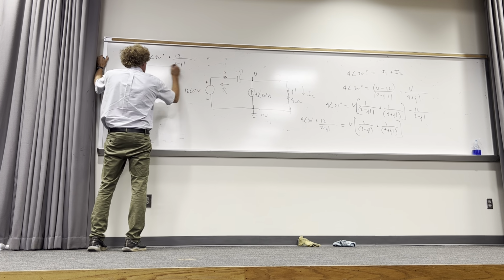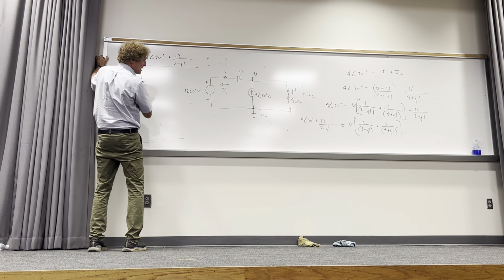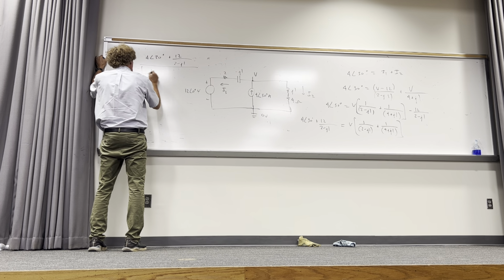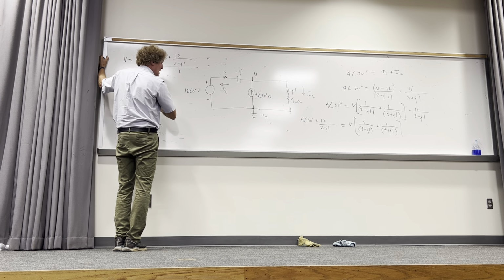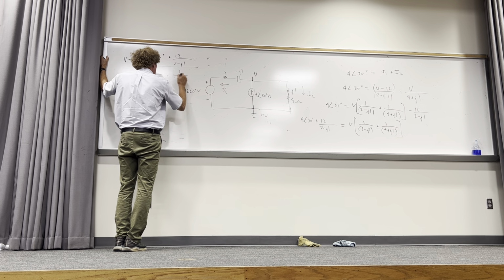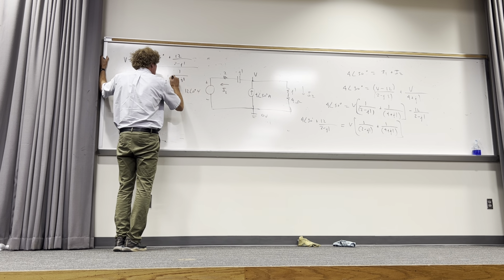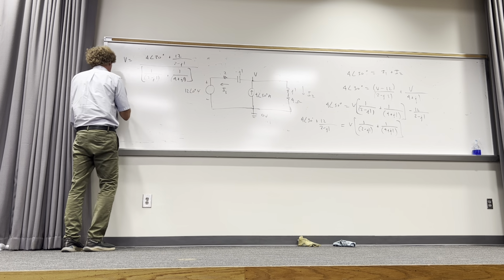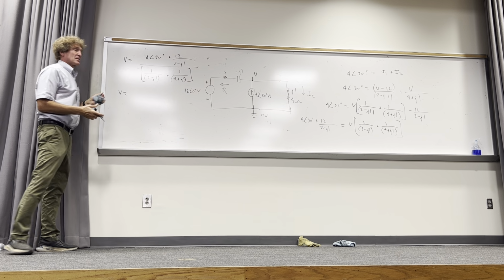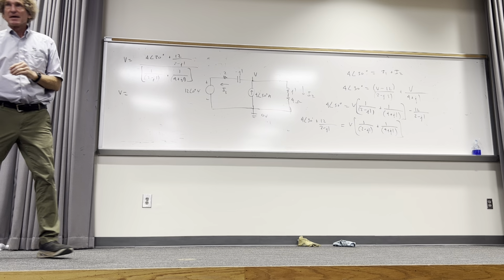You have to divide the whole thing by 1 over 2 minus J1 plus 1 over 4 plus J1. And that should do it. And you should get V as a complex number. Now, I'm going to tell you this much.